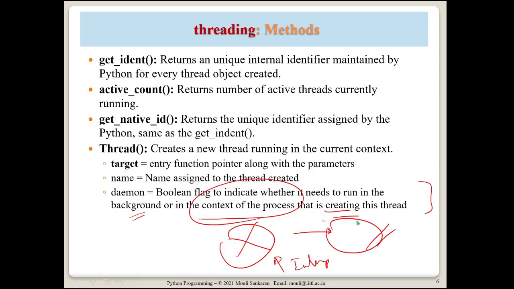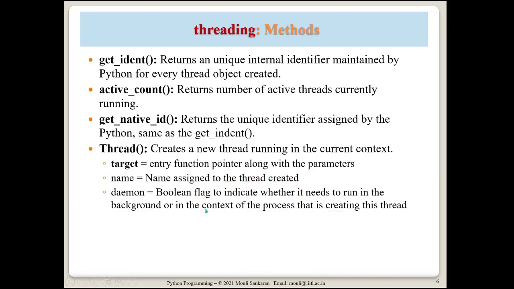I'm not giving any example during this time, but if you come across some, you can share it with me. Otherwise, if I have time, I will try to write one and share it with you. At least for the understanding, when you are making a thread, you are making it clear whether it needs to run in the context of the process or as a separate entity.